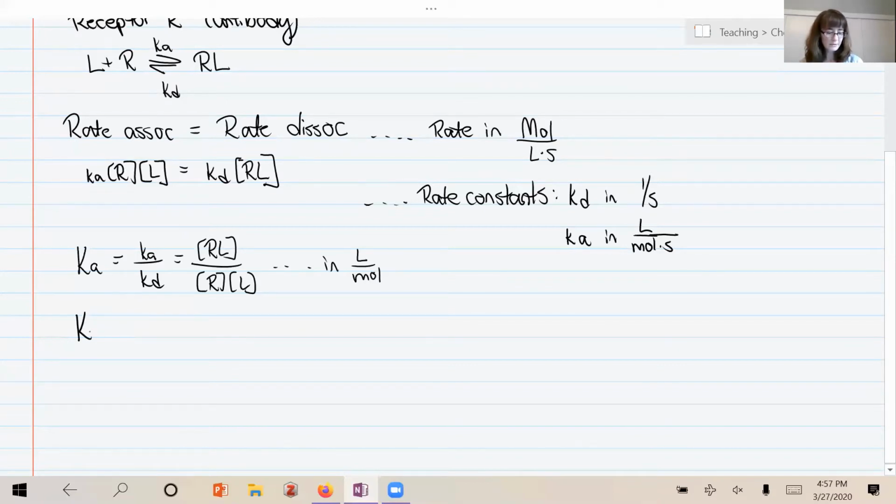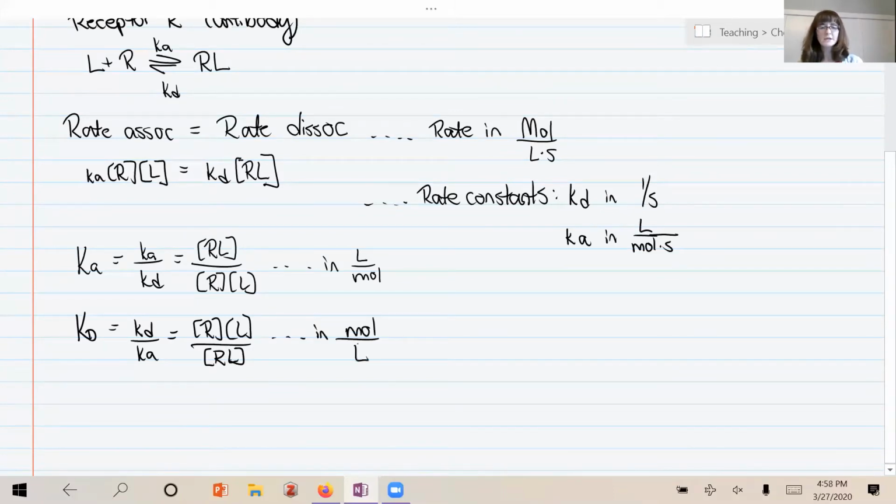And then similarly, we can have a dissociation constant, which is just going in the opposite direction. And so again, we can get it by a ratio of the rate constants or by a ratio of the concentrations. Okay, and so here the units are in mole per liter.